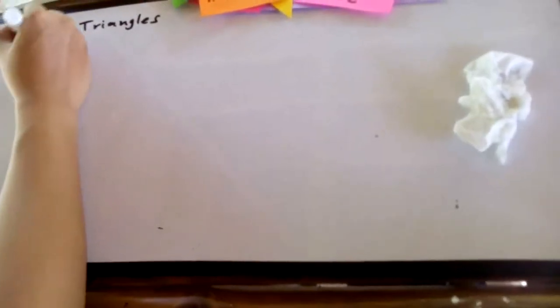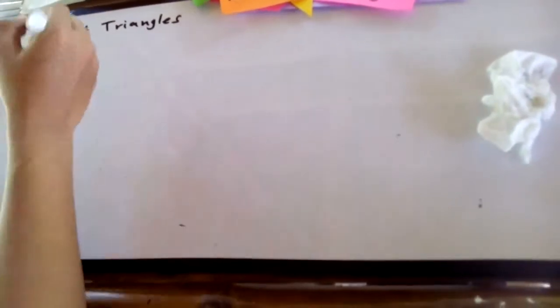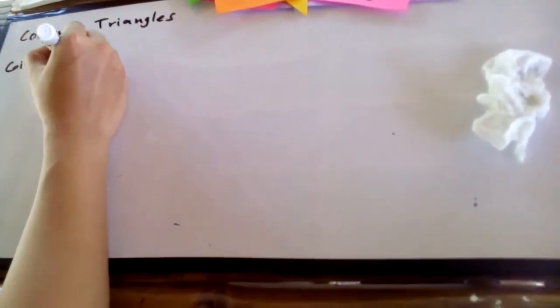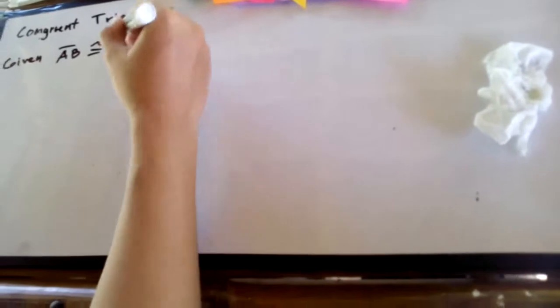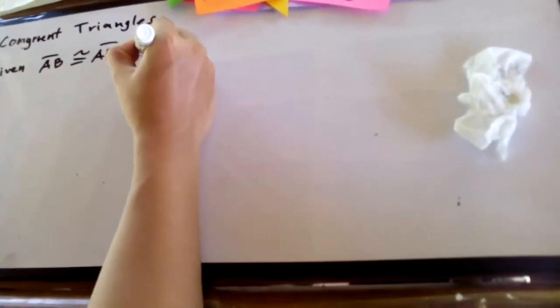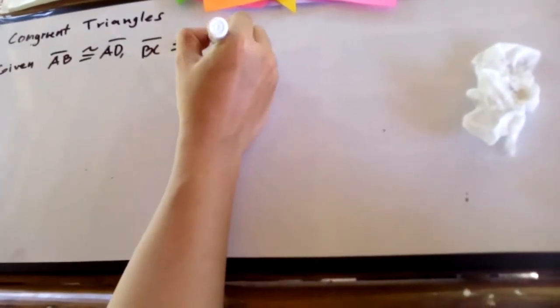Given: line AB is congruent to line AD and line BC is congruent to line DC.